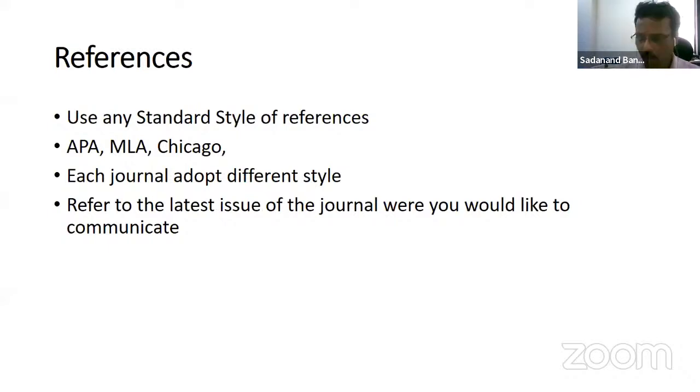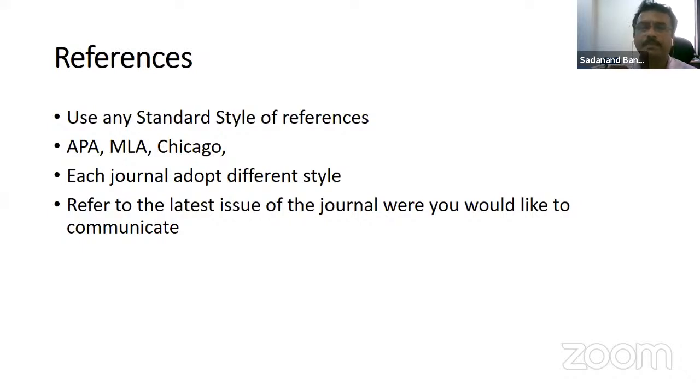At the end of the day, whatever references you are using, use them in a proper way. Mainly the standard style of references you can use. Nowadays, APA, MLA, or Chicago are heavily used. But most journals have their own style of references.